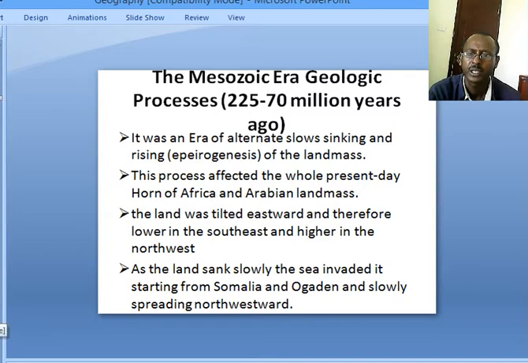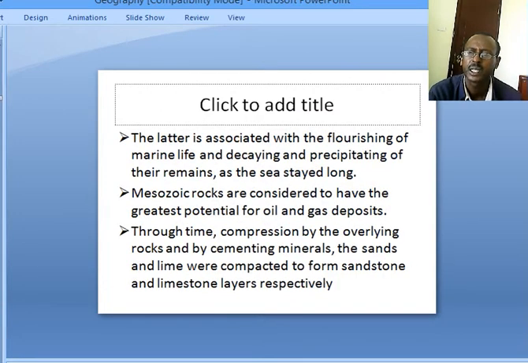The latter is associated with the flourishing of marine life and the decaying and precipitating of their remains as the sea stayed low. Meaning, as we know, the water from lakes and seas is highly saline. When this water comes to the land surface and whenever there is a high level of evaporation, what will remain is salt as a sediment.